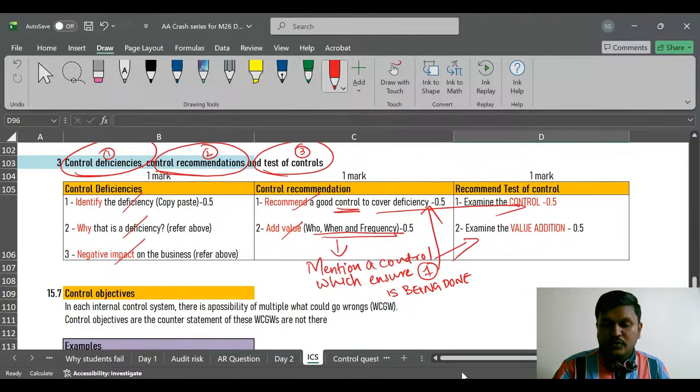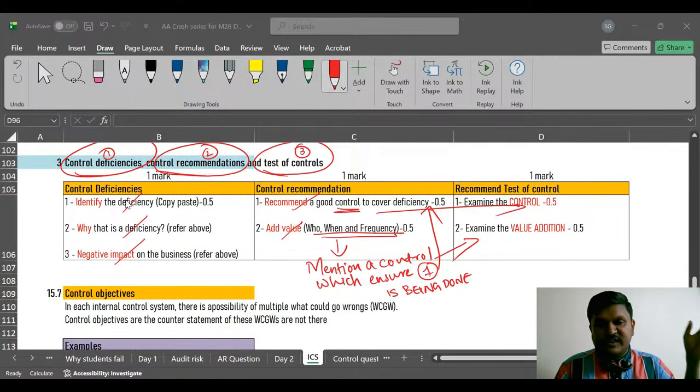Okay, so we have discussed the exam techniques. We have discussed the possible questions that will be coming relating to internal control systems. It could be control deficiency versus control recommendation, it could be a direct control, or a good control and test of control, and it could come together as deficiency, recommendation and test of controls.